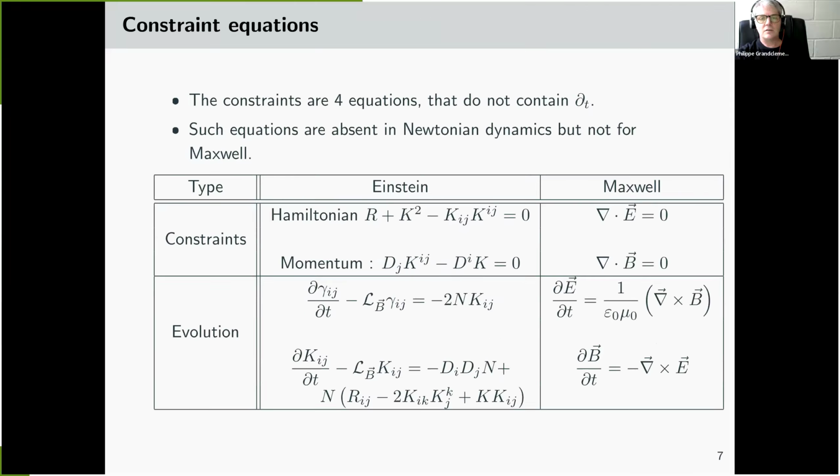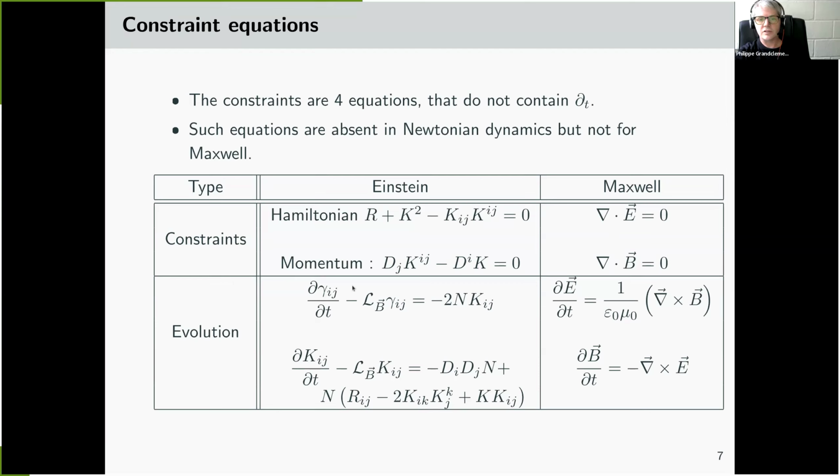Okay, so what is interesting for us here is that you can split the 3+1 equations into two families. The first ones are called the evolution equations. That's the second ones on this slide here. It tells you how the induced metric and the extrinsic curvature tensor evolve from one slice to the other.